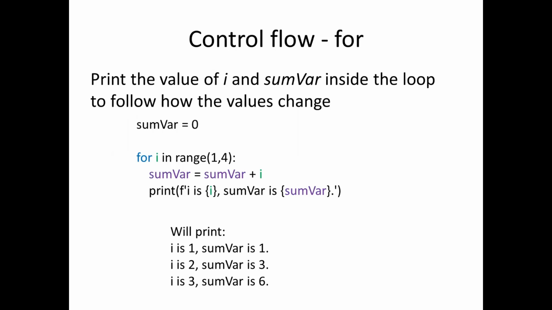And the last time it will print I is 3, sumVar is 6. When you learn about for loops, it is good to add print statements like this to print the values in the variables. That can help you understand what is happening in the loop, and it will make it easier to find mistakes in the code.